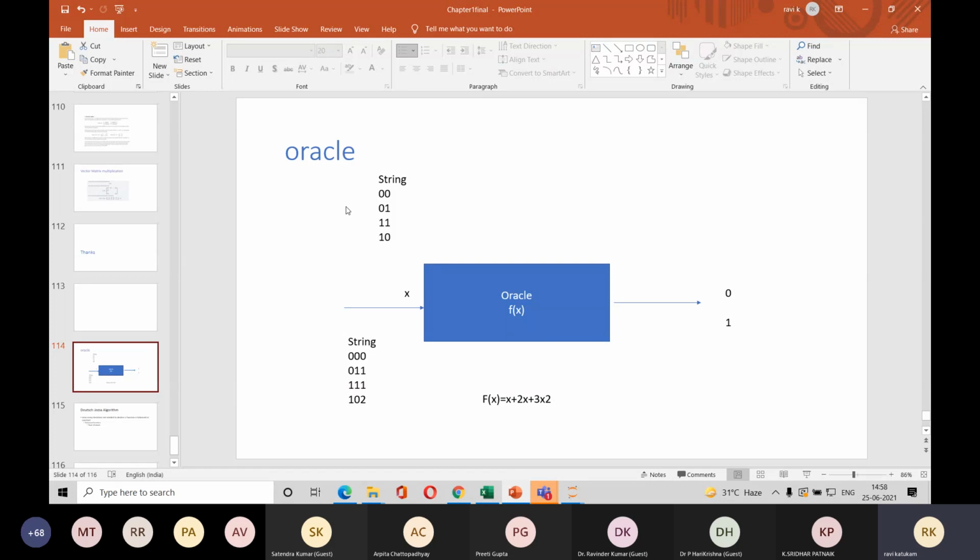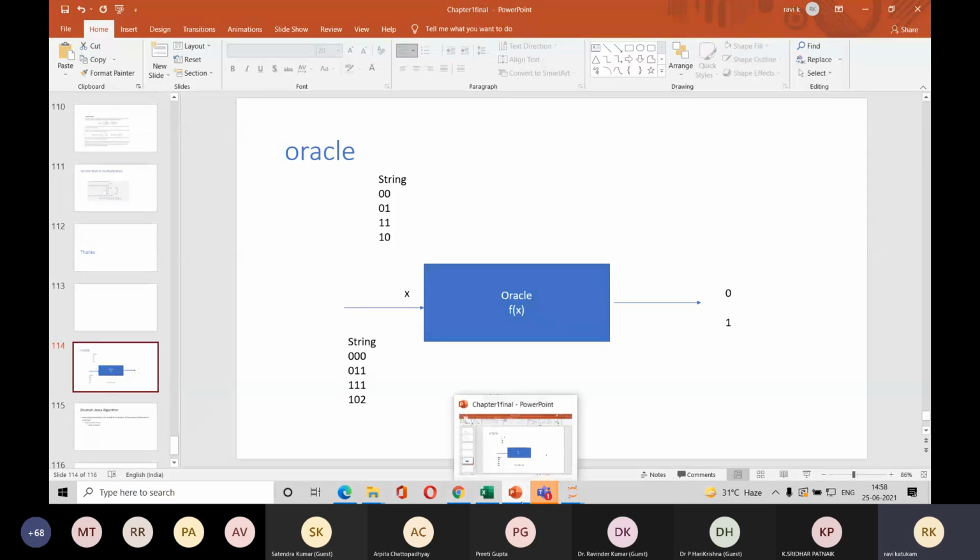In the next iteration I inputted 0 and 1. Again I got 0. Then I inputted 1 and 1. I got 1. I inputted 1 and 0. I got 1. So the outputs are balanced. They are equally distributed. Then what is a constant function? Every time you keep getting 0, or every time you keep getting 1. So this is what the problem is.